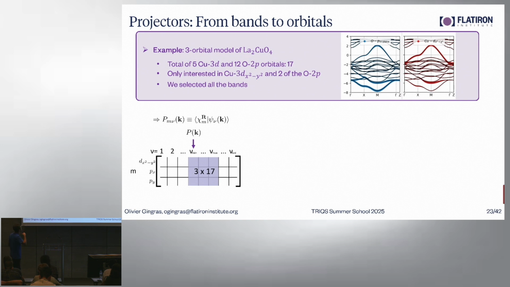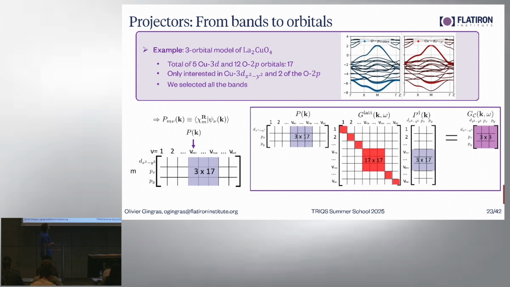In particular, here I'm interested in capturing maybe the orbital character of all these 17 bands. So my projector would be a 3 by number of bands, but the only non-zero block is the one that connects to these bands. Right? That's why it's a projector. It really just takes this information out of the band basis.